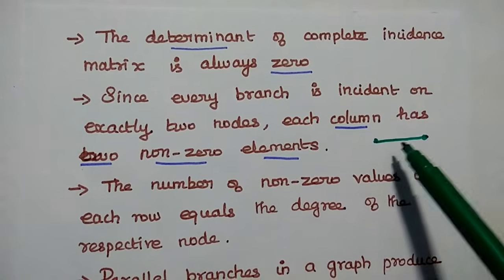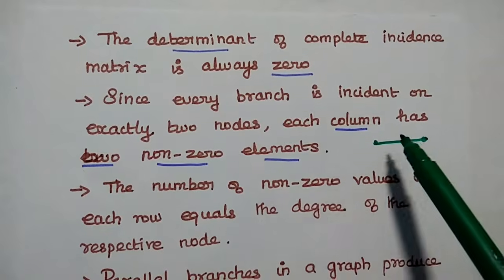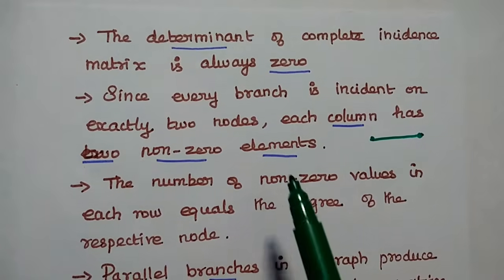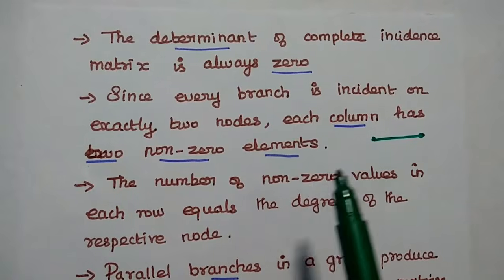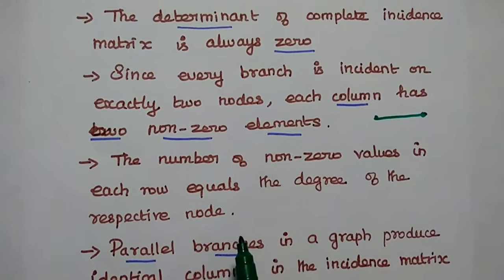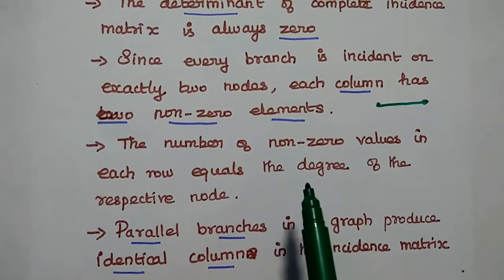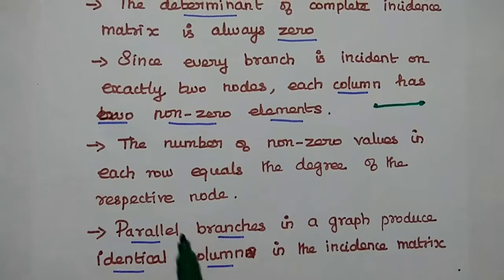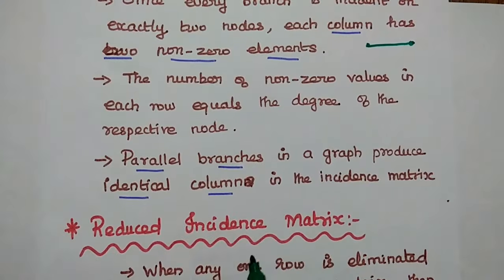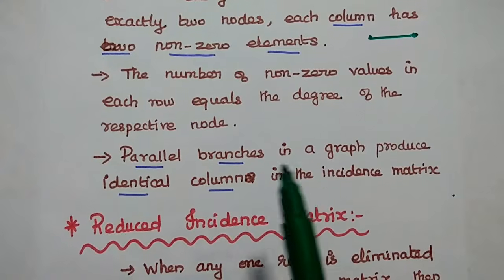So each column has 2 non-zero elements. Do you all understand? The number of non-zero values in each row is equal to the degree of the respective node. Degree means the number of branches incident on that node.